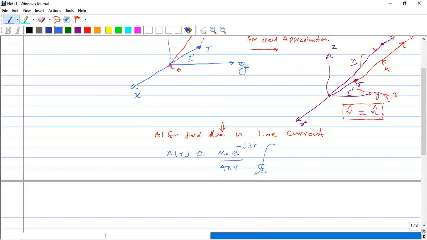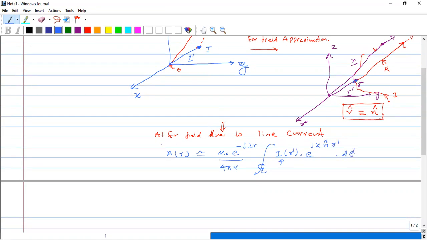And you have I of R dash, the current distribution at this point, e to the power jk n hat dot R dash, dl dash.